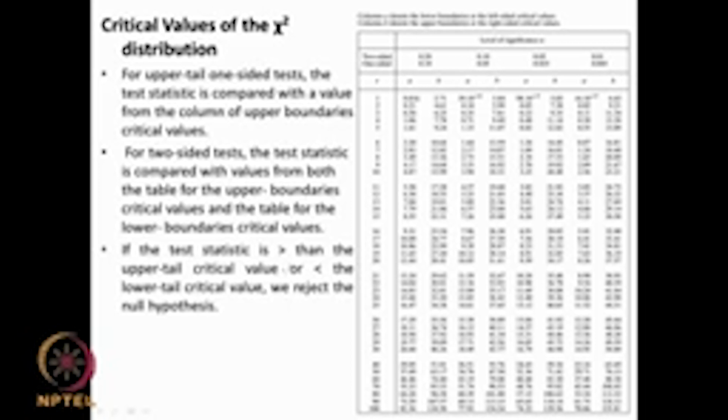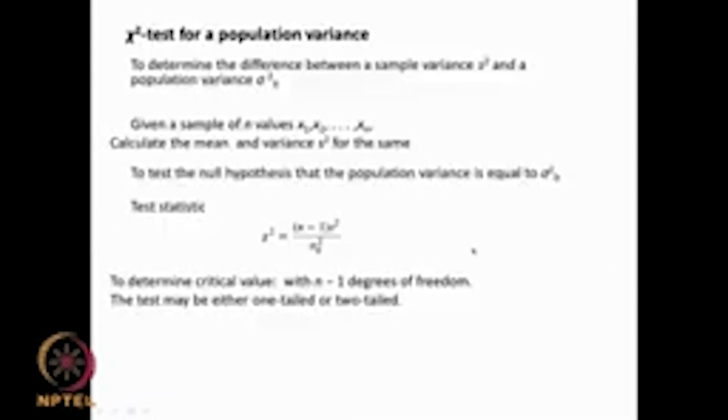If the test statistic is greater than the upper critical value, then we reject the null hypothesis, or if it is lower than the lower critical value also, then we reject the null hypothesis. We can first do a test for seeing whether the sample variance is coming from the population variance. If I have a sample set x1, x2 up to xn, I calculate a variance s square.